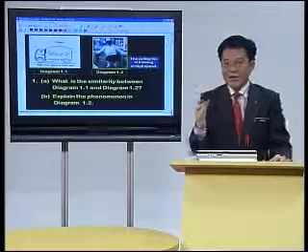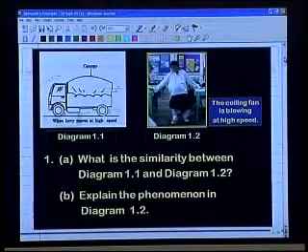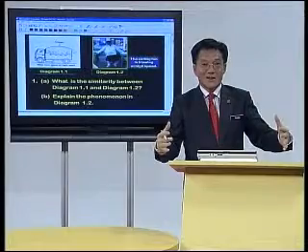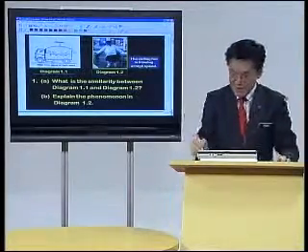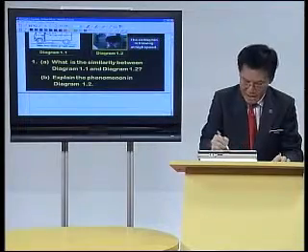Okay, I see that you are writing down. The canopy of the lorry, it bulges. And the shirt of the student, it also bulges. Alright, so that is the similarity. Okay, so we are going to write down 1A.